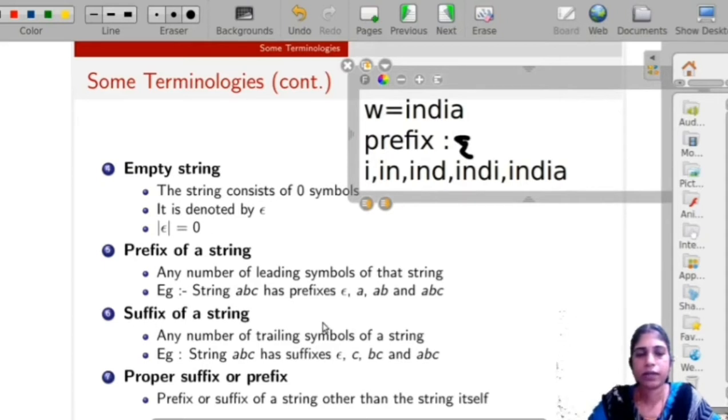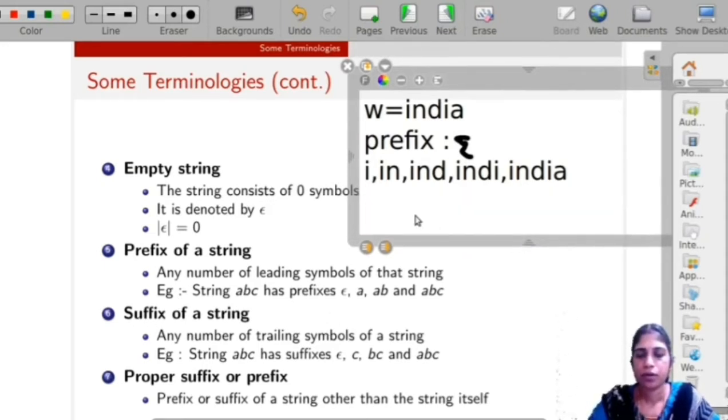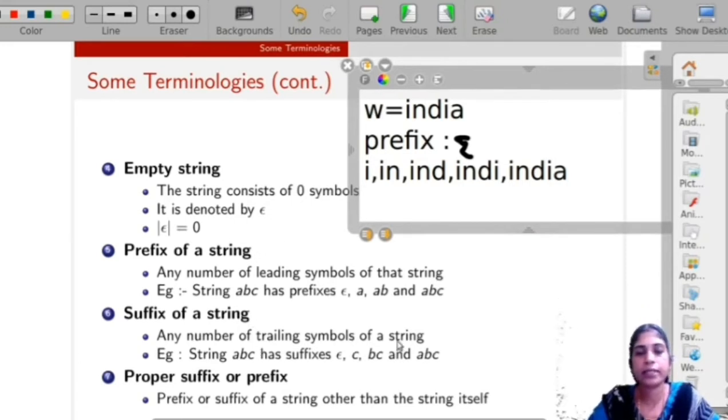Then what is the suffix of a string? A suffix of a string means any number of trailing symbols of a string.